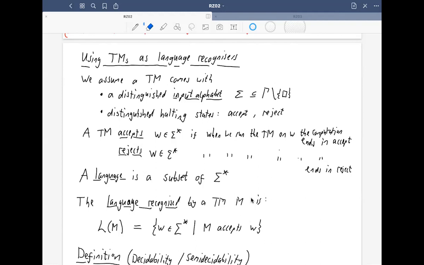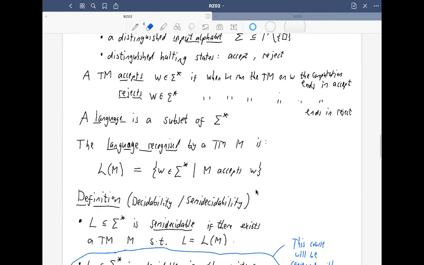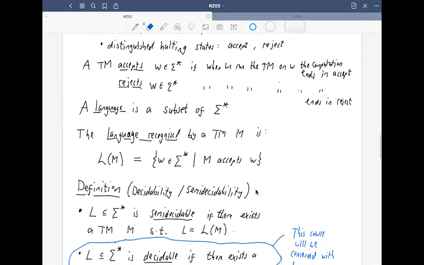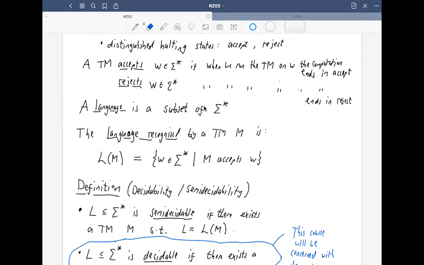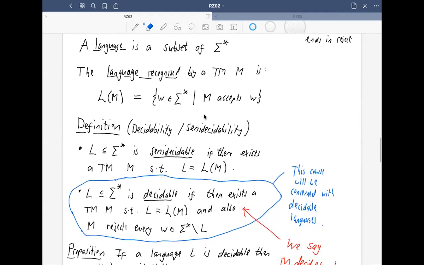We input a word and we want to see whether the Turing machine accepts or rejects the word. So when we input a word, we want the Turing machine to always eventually terminate in one of these two states: either we accept the word, or we reject the word.